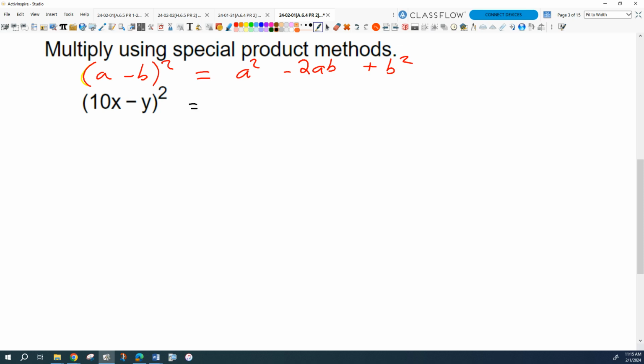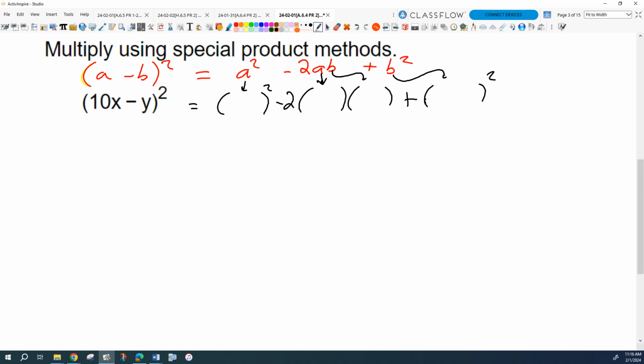So then we just need to apply that pattern to our situation. Every place where we used to have an A, I'm going to open up a set of parentheses to put our value of A into that pattern, minus 2 times a set of parentheses to include our value of A, and a set of parentheses for that B in that middle product. And then over here, we're just going to have whatever our value of B is squared.